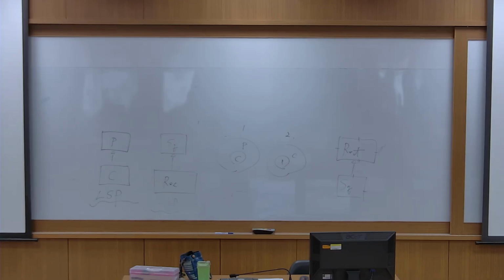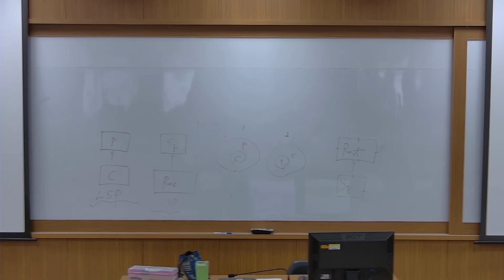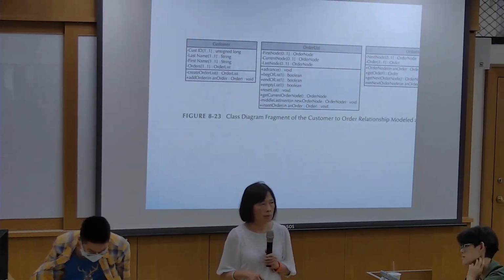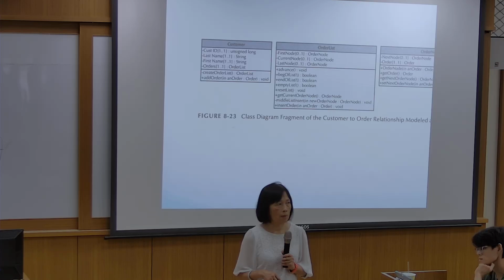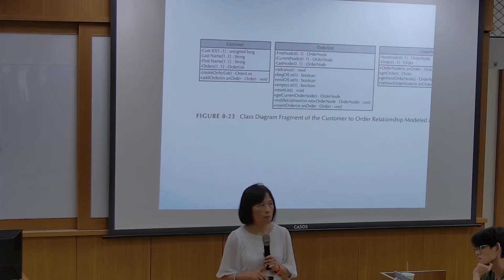Okay, Harry? Its customer depends on order list. How do you know? Because if you don't have order list, the method create order list can't run. No, tell me the variable. From the variable. Variable is order list.